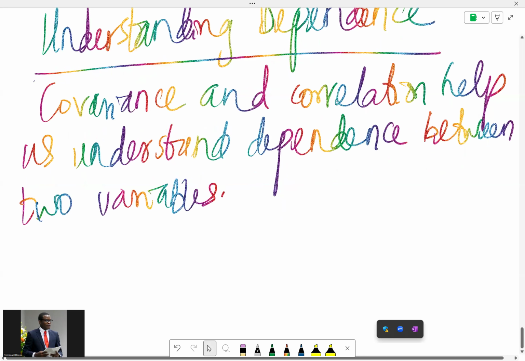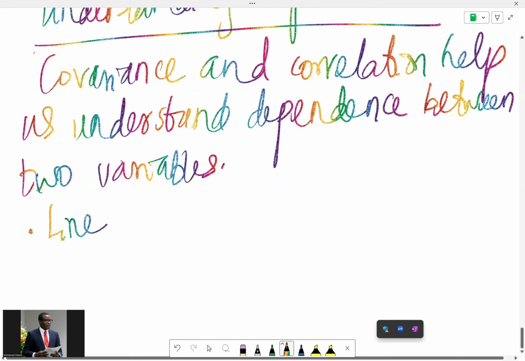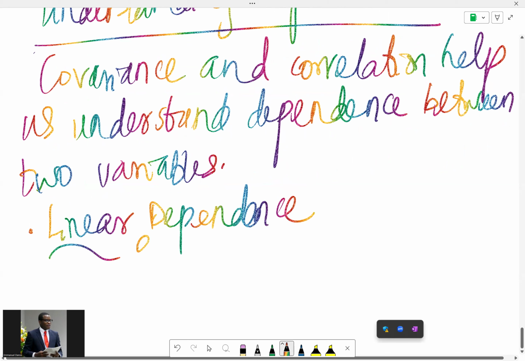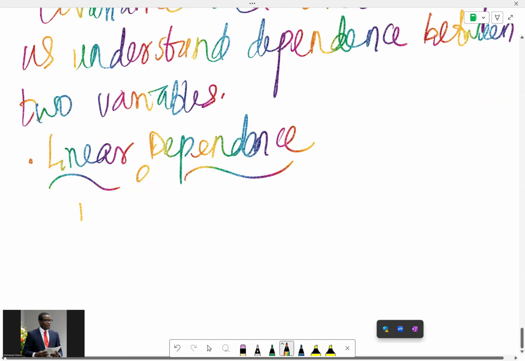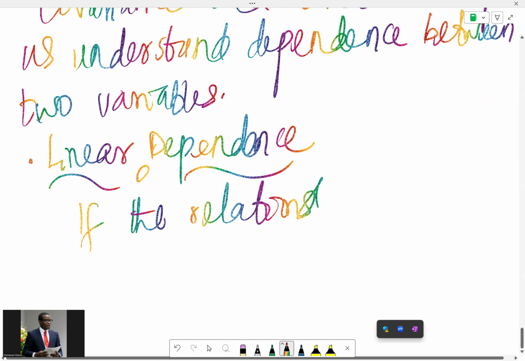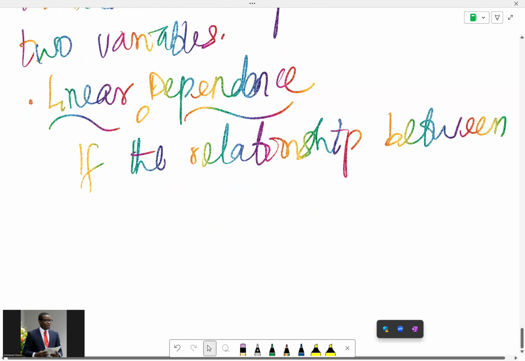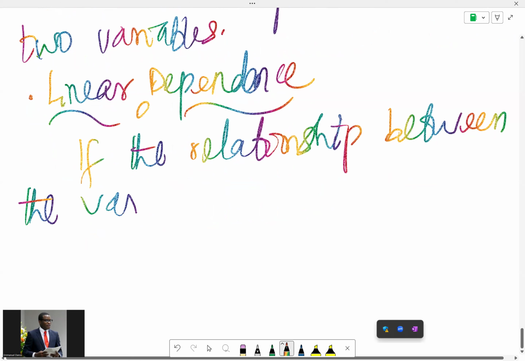So first, we have linear dependence. Linear dependence occurs if the relationship between the variables is linear.